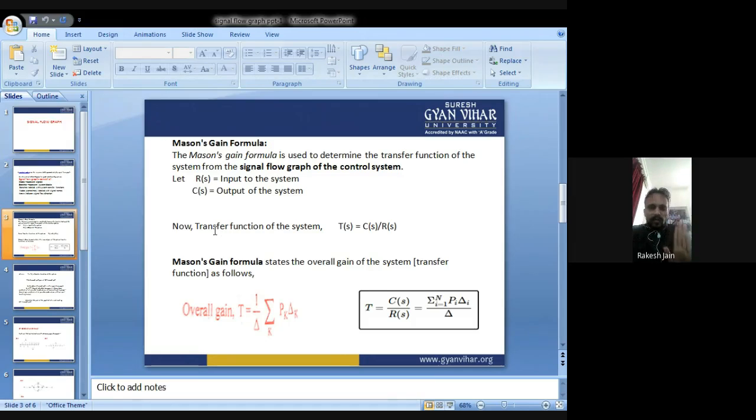Similarly, del 2 means which loops do not touch the second forward path. Del 3 means which loops do not touch the third forward path. So del 1, del 2, del 3 are just the loops which do not touch the forward path. If all the loops touch a particular forward path, then the value is equal to 1.